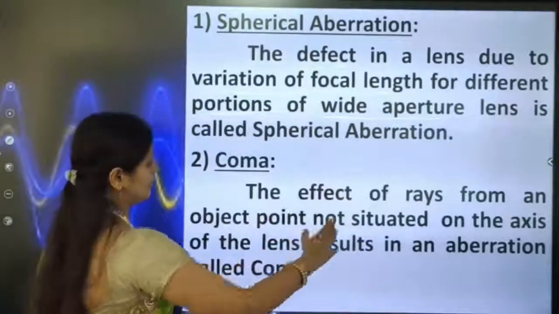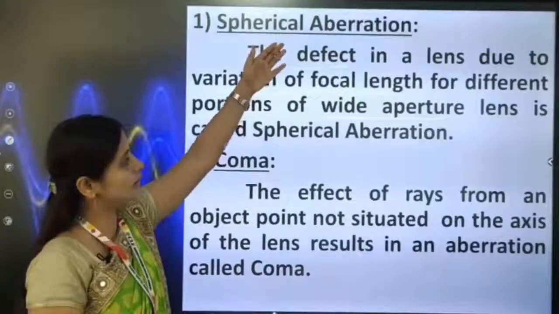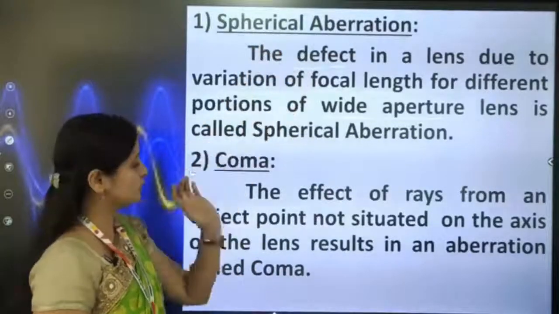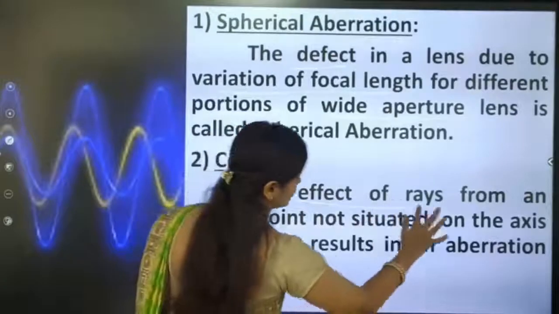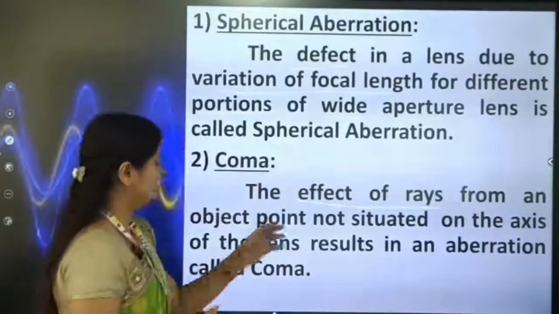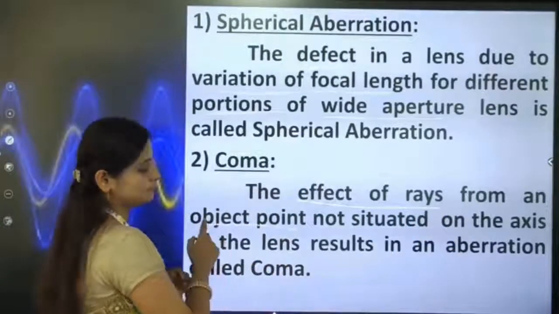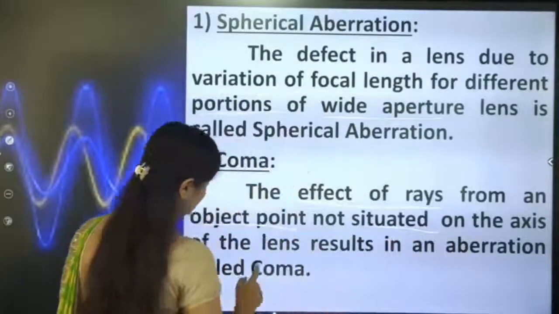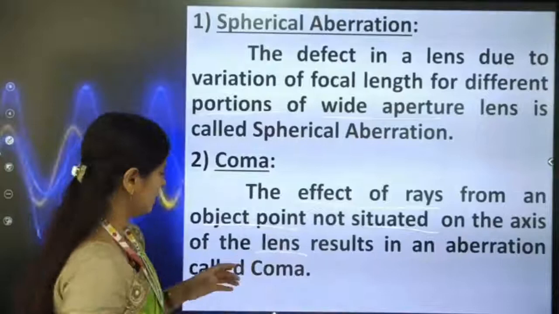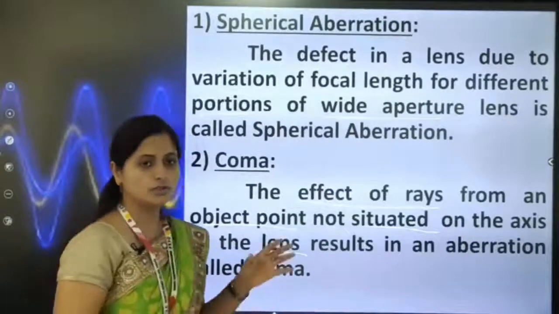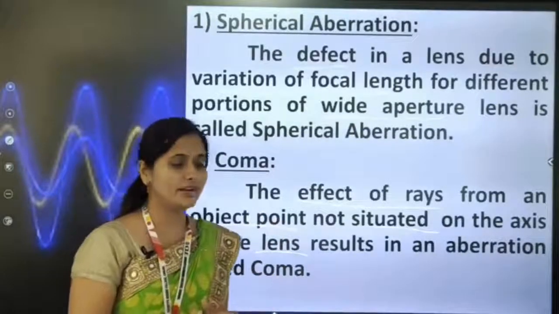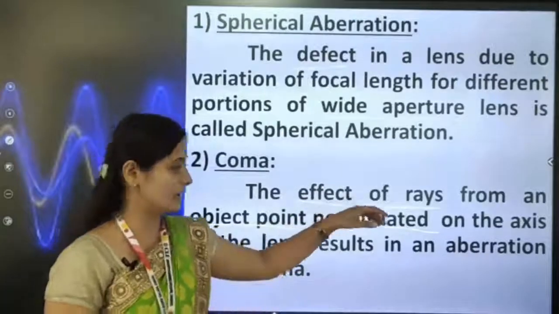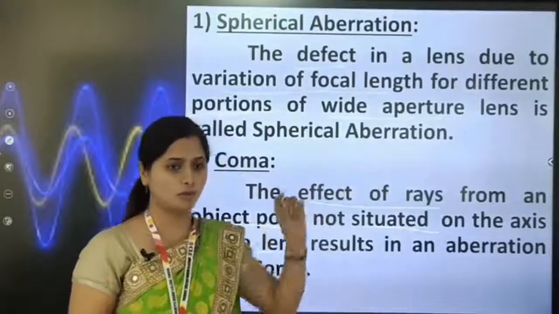The effect of rays. So here the effect of rays will be produced from an object point not situated on the axis of the lens, resulting in an aberration called coma. So what happened? The effect will be produced through the rays from one object point.